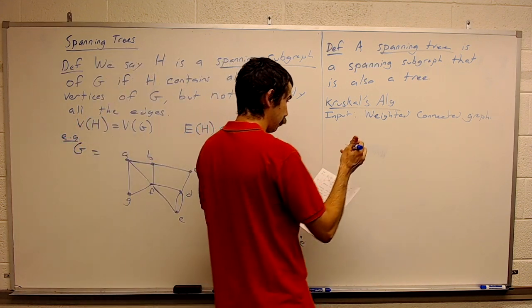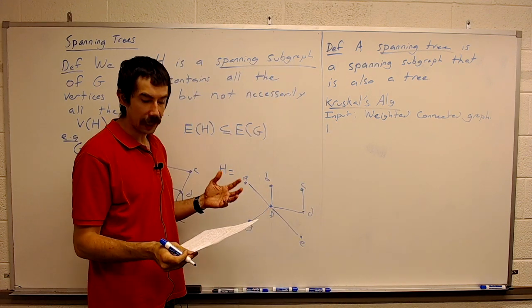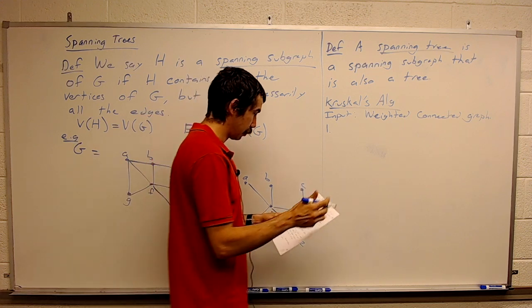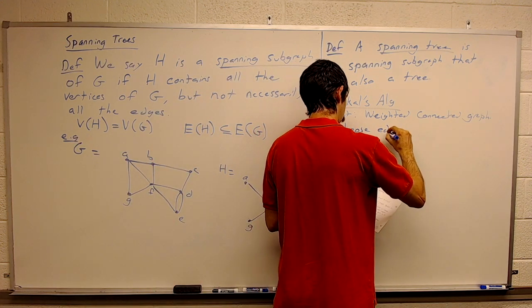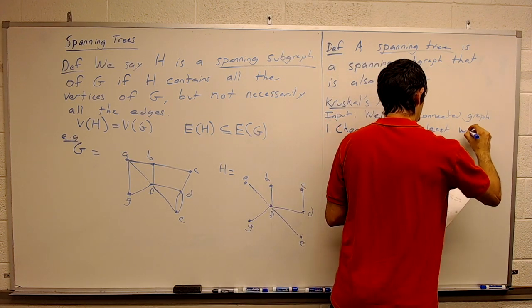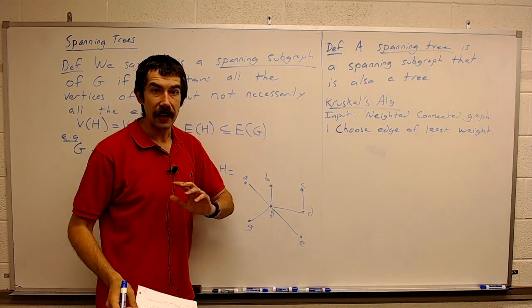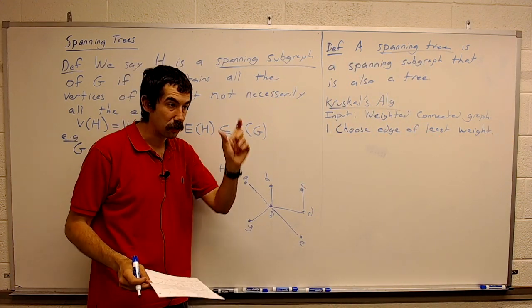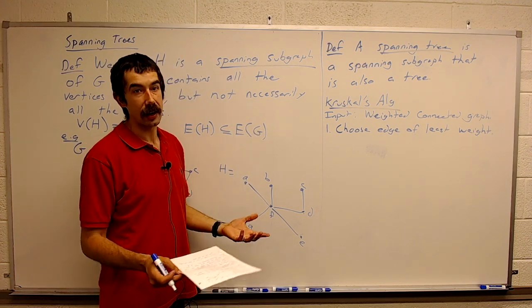First step. The first step is choose the edge of least weight. All right, so find the edge in the graph that has the smallest weight. We are going to highlight it and include it in our tree.